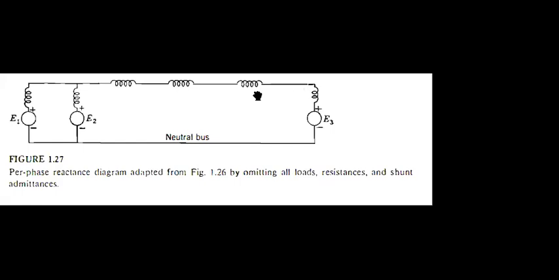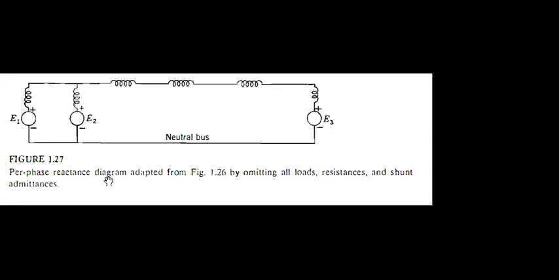Excluding the receiving end or load side, only the generating information you have to consider for the reactance diagram. Load, resistance, as it is a reactance diagram, you can simply omit the resistance part and the shunt branches. Actually, this is the simplified version of the impedance diagram. So only this consideration you have to think of for the reactance diagram.